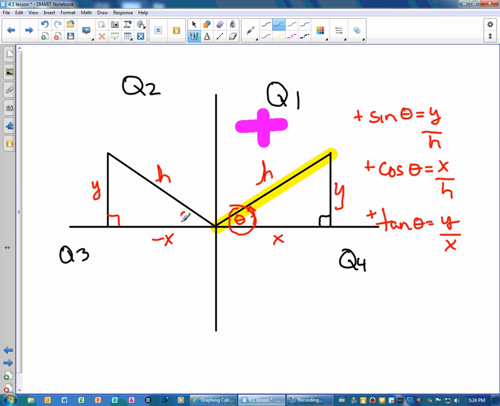This is going to be my reference angle, same as in the first quadrant. The only difference in the second quadrant is that the distance from here to here is now measured as negative because it's on the left side of the 0. So my ratios over here: sine of that angle. Sine is opposite over hypotenuse.